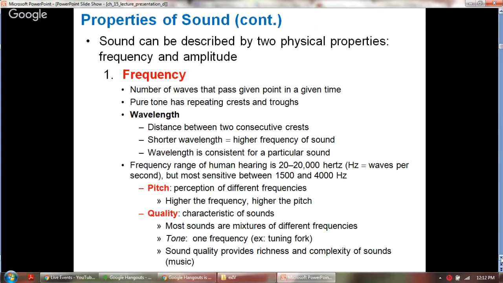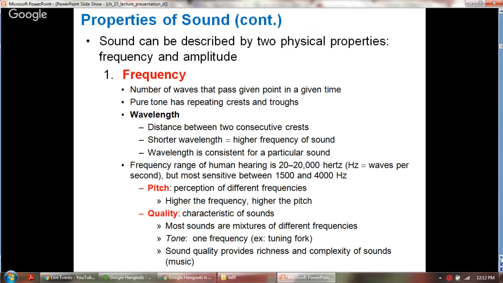The shorter the wavelength, the higher the frequency of the sound. Wavelength is consistent for a particular sound. The frequency range of human hearing is 20 to 20,000 Hertz, but most sensitive between 1500 and 4000 Hertz.